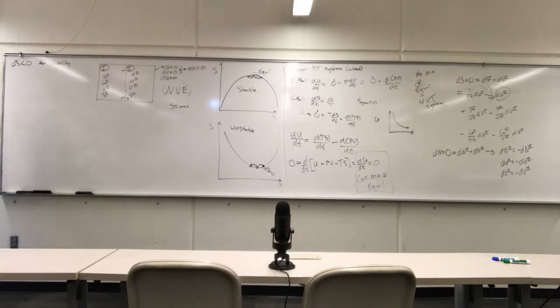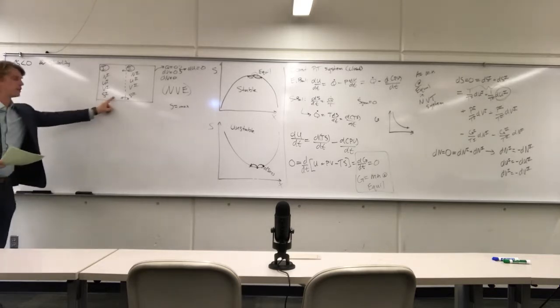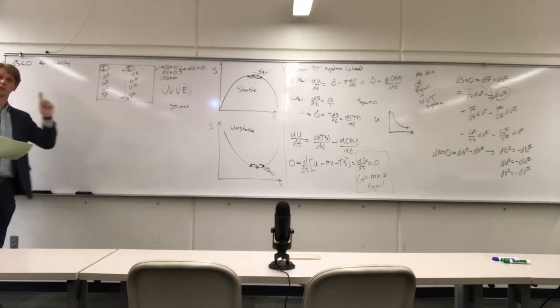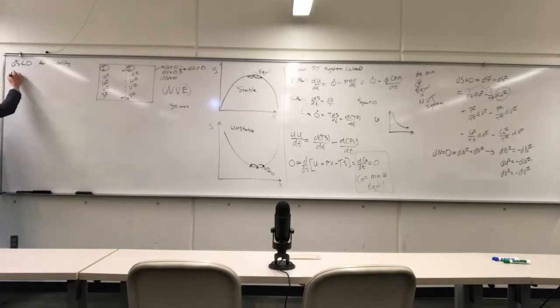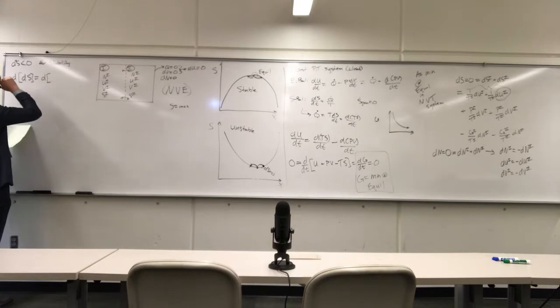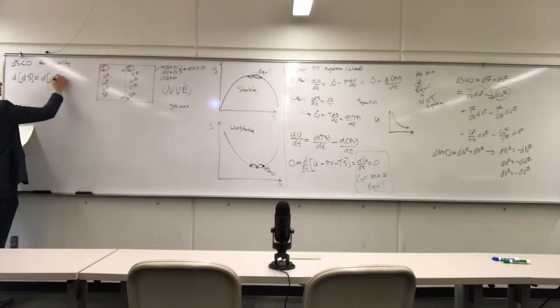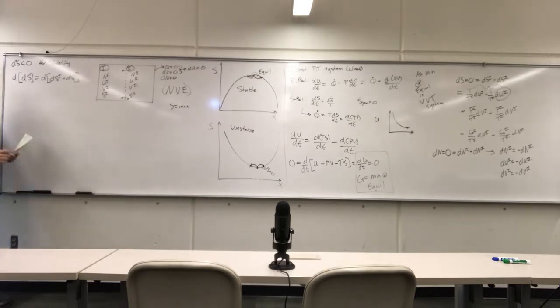That entropy has to be convex for this system, which means that we have to take the total differential of this system here.